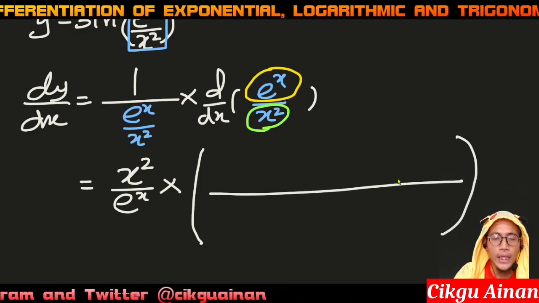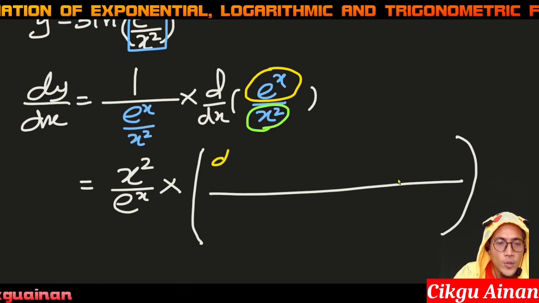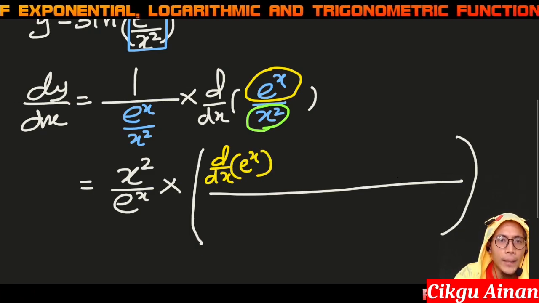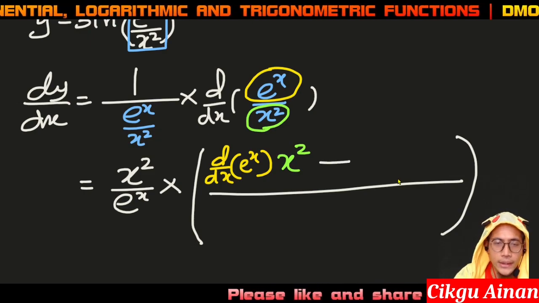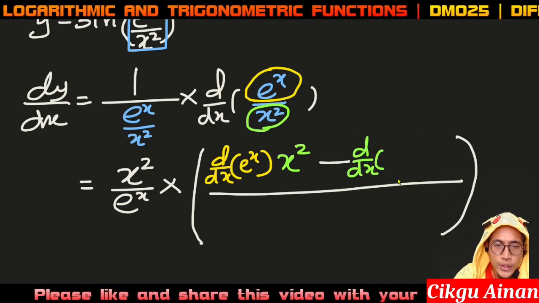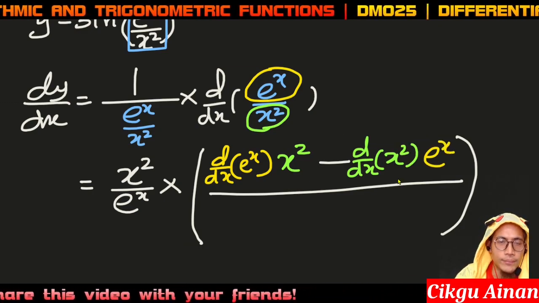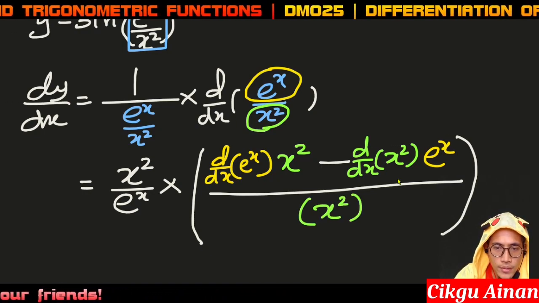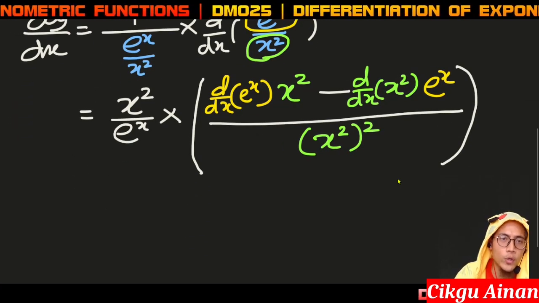That's okay. Now how to write the quotient rule? Differentiate the numerator, multiply by the denominator, and then minus the differentiation of the denominator, multiplied by the numerator, and then the denominator squared. Actually, writing x to the power of 4 right away also can, no problem.